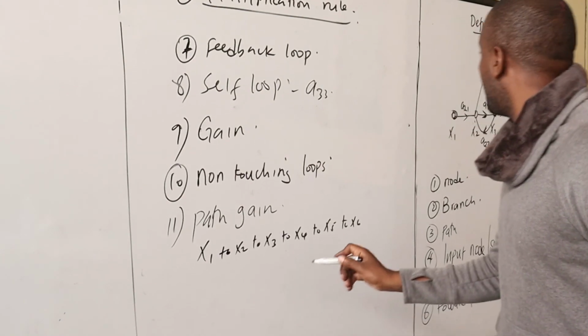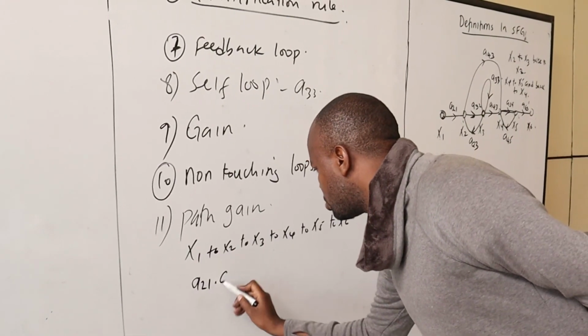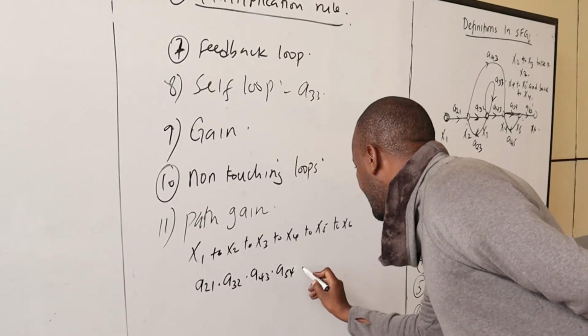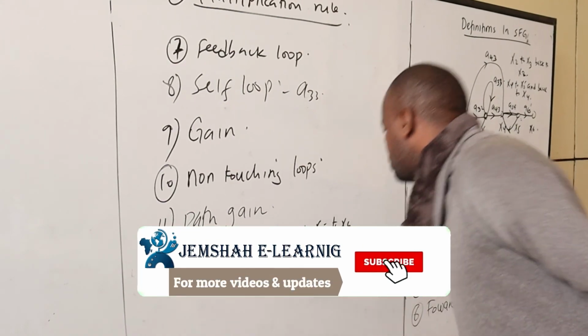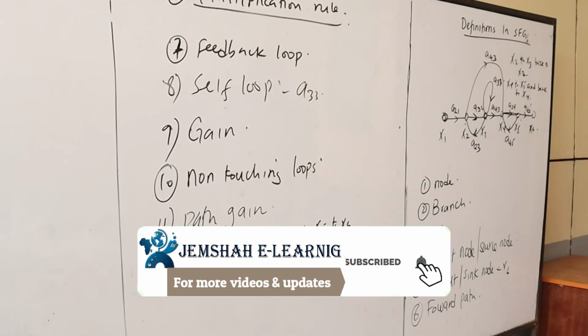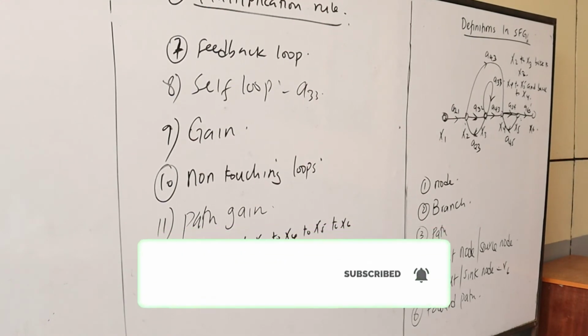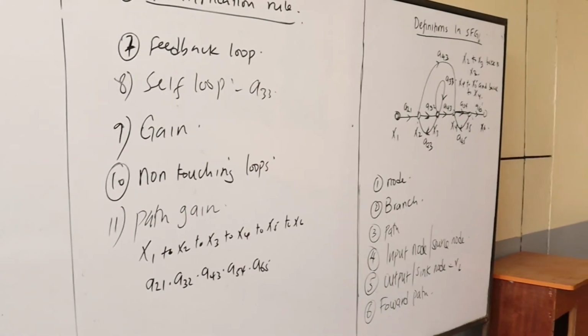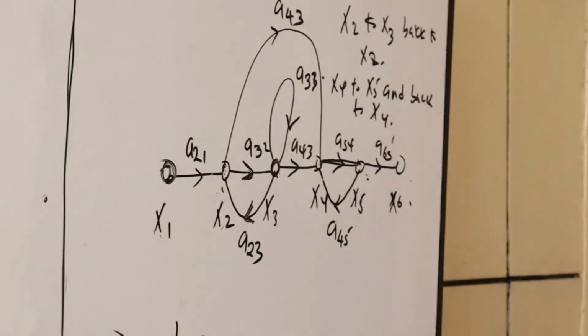We will have a path gain of A21, A32, A43, A54, and A65. So the path gain is simply the product of the branch gains encountered while traversing a path. In the example, x1 to x2 to x3 to x4 to x5 has a path gain given by A21 times A32 times A43 times A54 times A65 and so on.